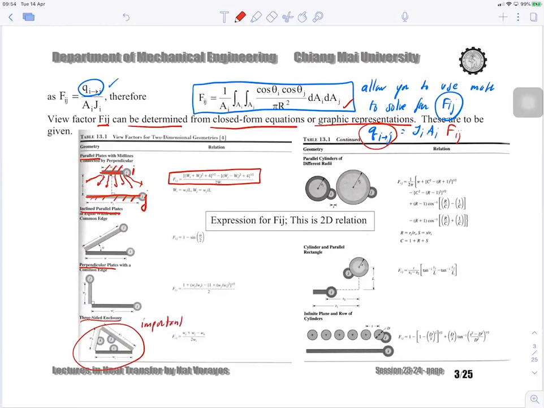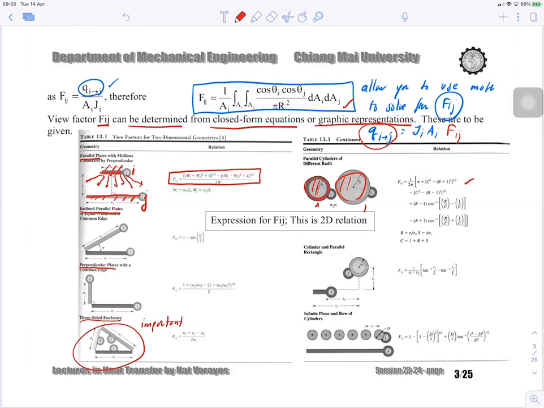In most of the final exams in previous years, they used this one, meaning that there are going to be three surfaces involved in the analysis. We have the parallel cylinders: cylinder 1 and cylinder 2, one called I, the second called J, and this is the equation for it.